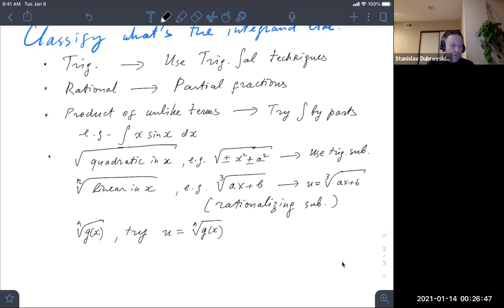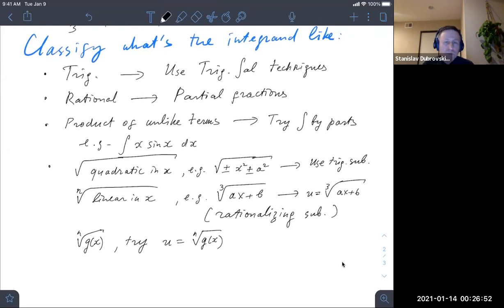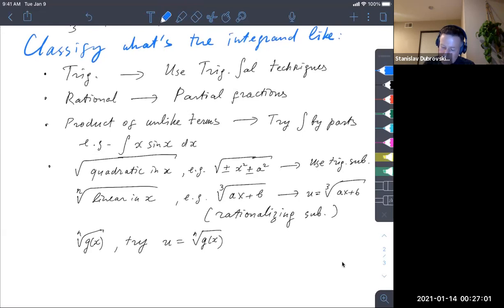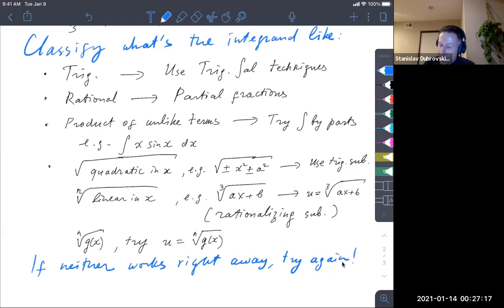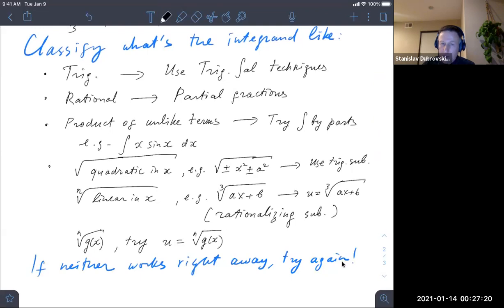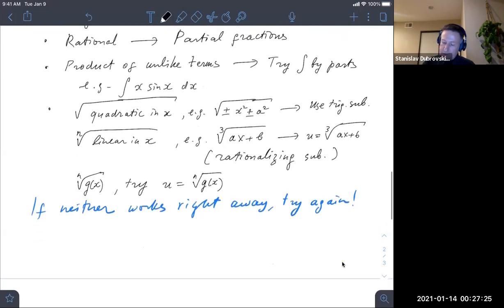And if neither of this works, then be persistent, try again. Sometimes it will take two separate techniques applied consecutively, one after another, to achieve the integration.